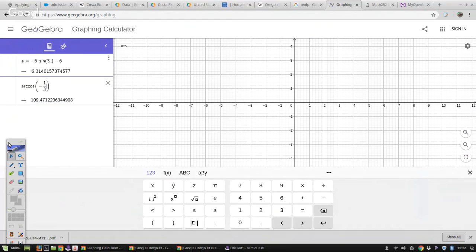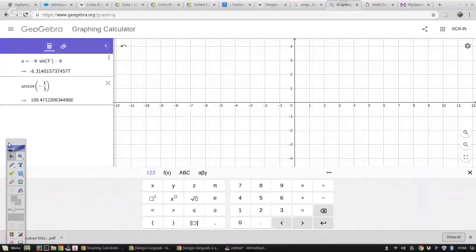All right, so give it to me in degrees. I would multiply by pi and divide by 180. Yeah, so it's about 1.9-ish.